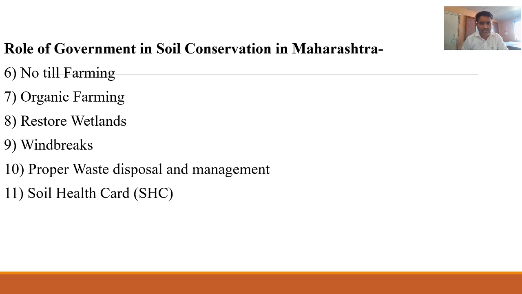The drainage system is developed properly, and the water can be removed by that drainage system, so that it becomes dry. Whenever this becomes dry soil, this type of soil is useful for practicing agriculture. So restoring wetlands is also one important practice conducted by the government of Maharashtra.